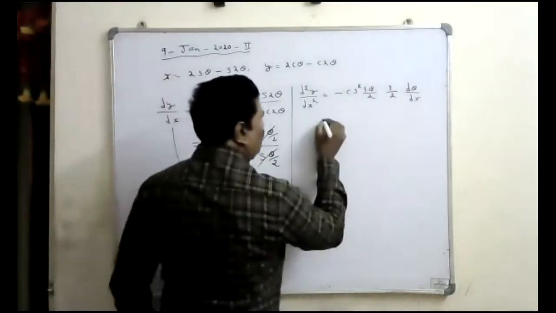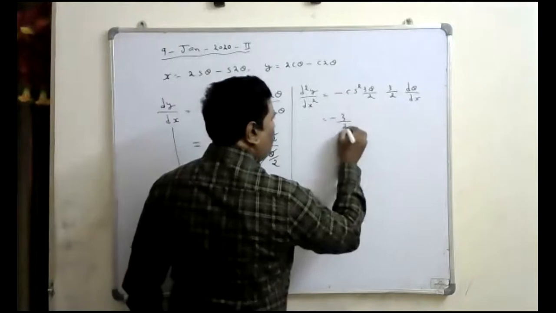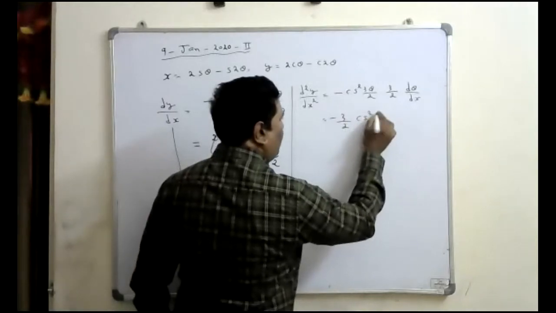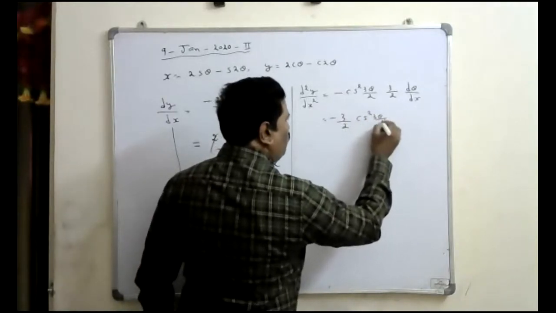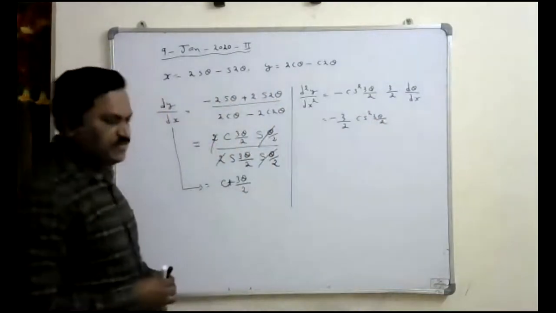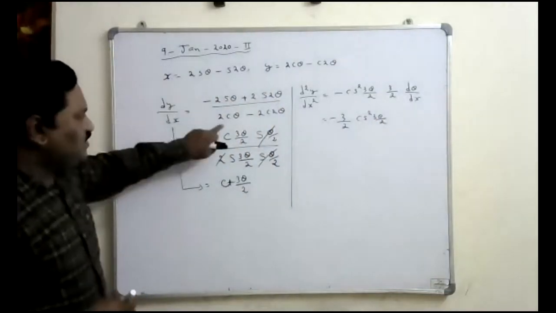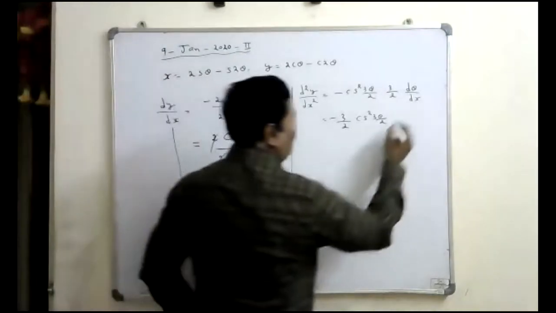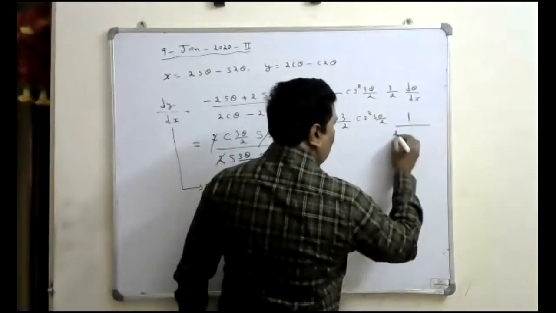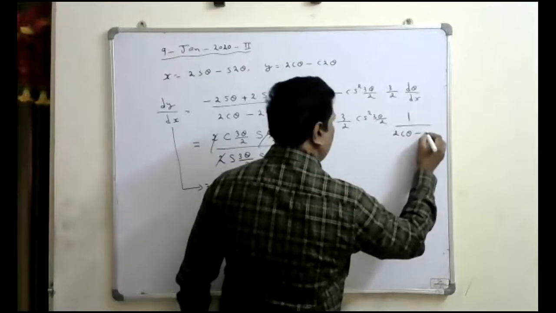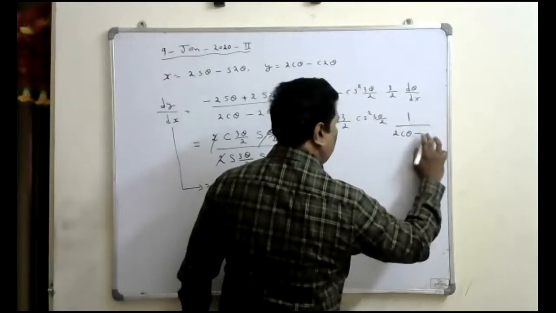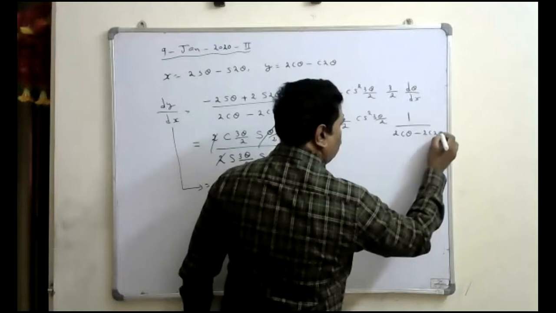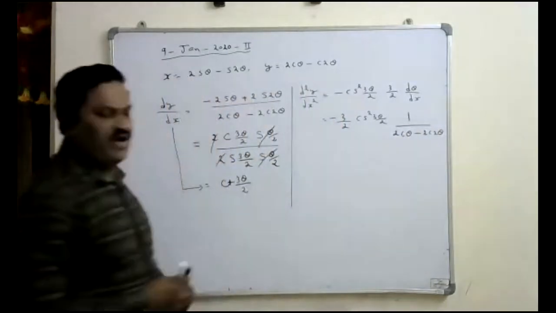So it is minus 3 by 2 cosecant square 3 theta by 2 into d theta by dx. So dx by d theta is this denominator. D theta by dx is 1 by of that. It is 1 by 2 cos theta minus 2 cos 2 theta. This is the value of d theta by dx.